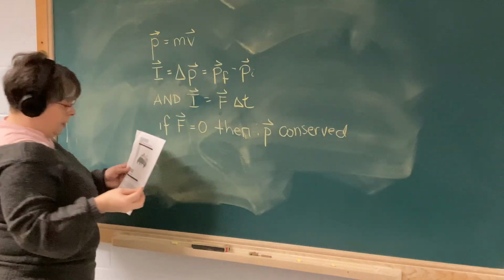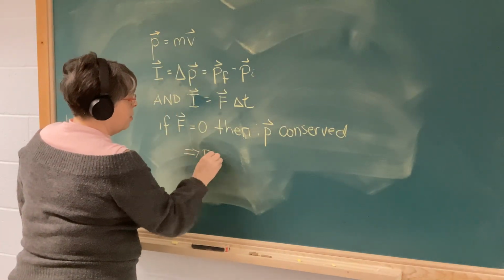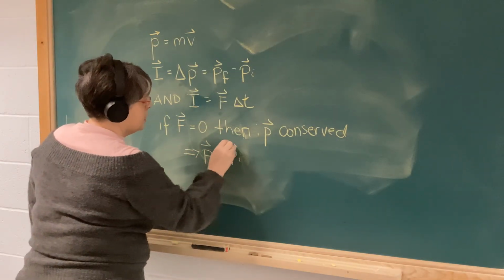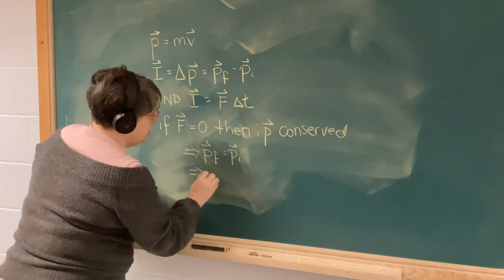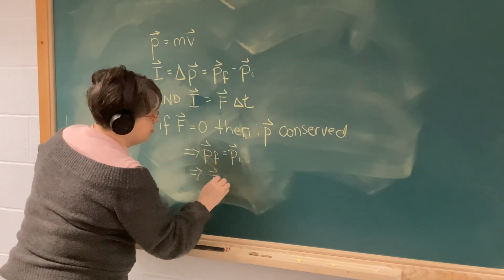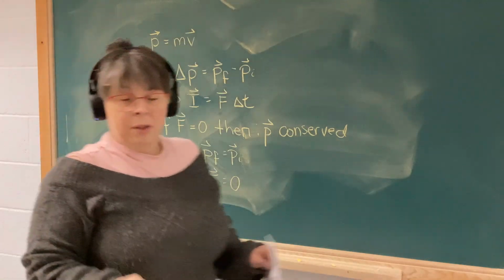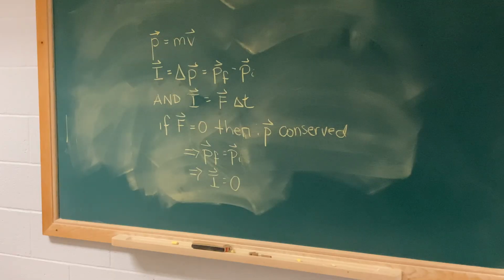If momentum is conserved, ways we typically write that as an equation are first, we might say Pf equals Pi. So that's one way we might write it. We also might say that our impulse, change in momentum, is equal to 0. So there's the theory of today's lab. Those are the things we're going to go through. So next, let's get into the apparatus and setup.